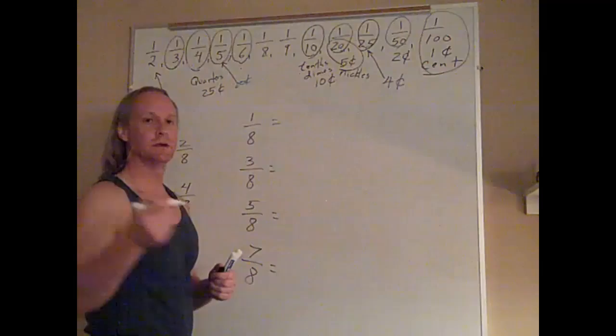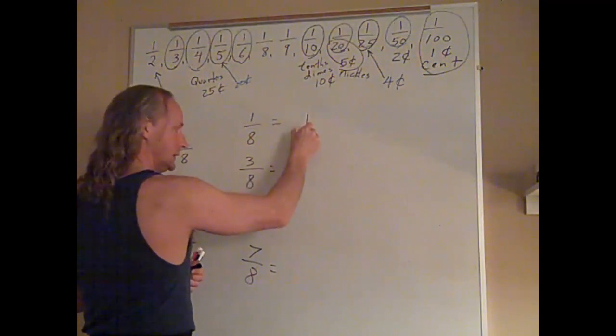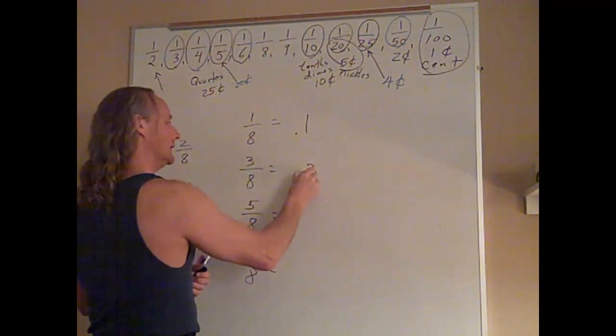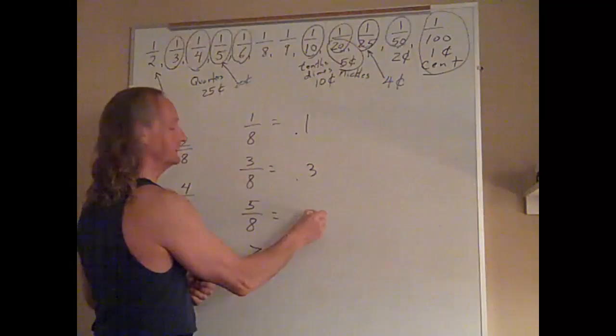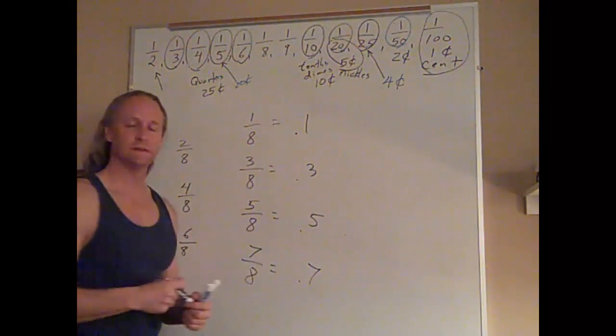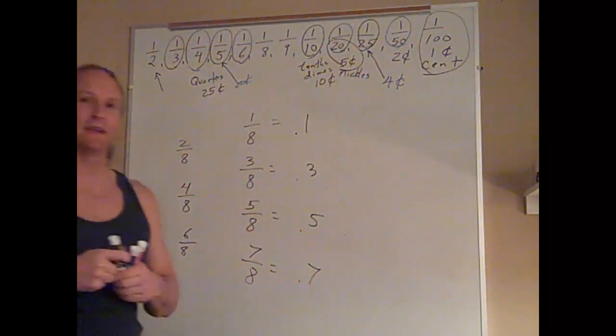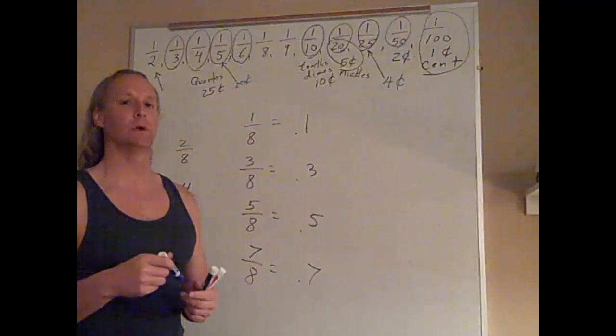So here we go. Here is a pattern. 0.1, 0.3, 0.5, and 0.7. Now this is only a pattern, this is only a trick. It will help you to be able to do eighths and to remember them more easily.